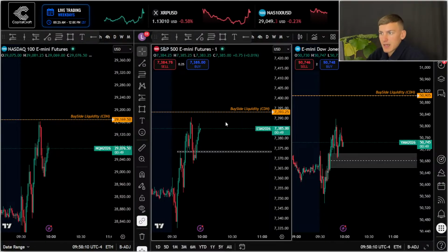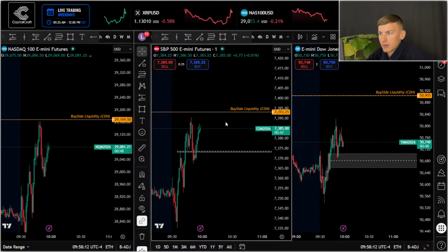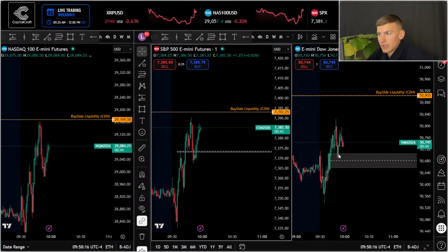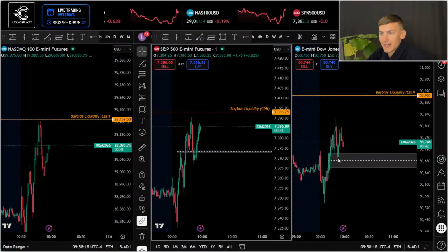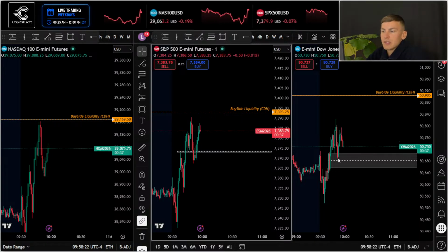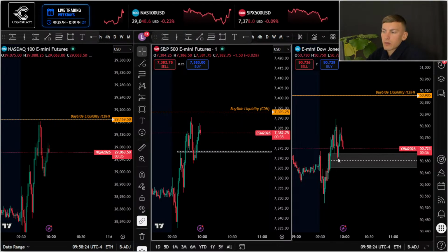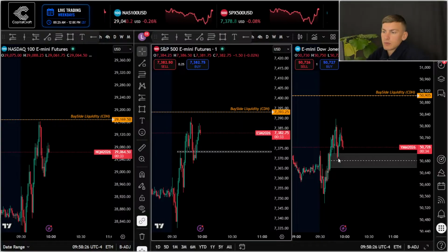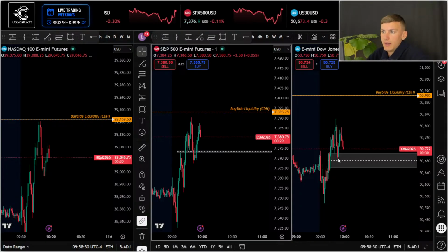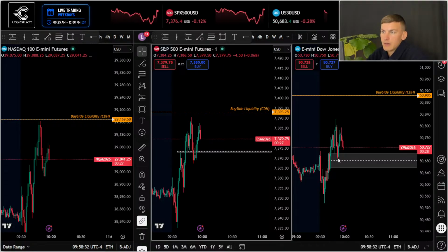If we can see a raid in that common low on the Dow, found right over here, where the S&P or Nasdaq cannot do the same thing, that will act as my SMT, and that's what I want to see ideally.